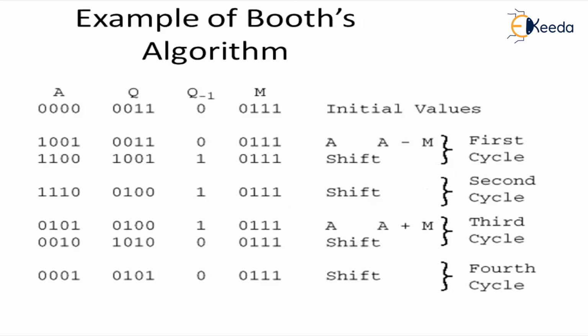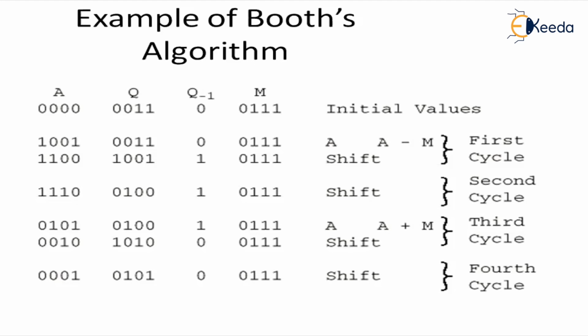You have A as 4 zeros in binary. You have Q as 0, 0, 1, 1. Q minus 1 is 0, and M is the initial value. Now you will check the last digit of Q and Q minus 1, and you will perform the shift operation. The last digit of Q is 1 and the last digit of Q minus 1 is 0.